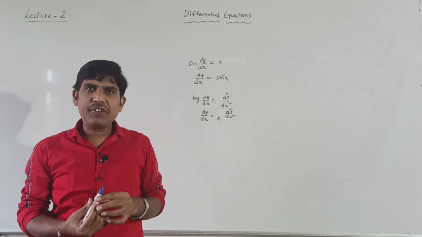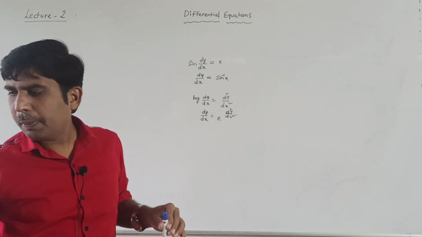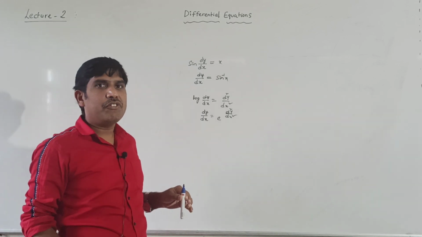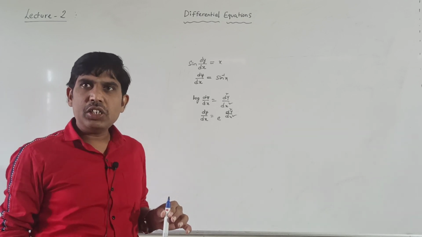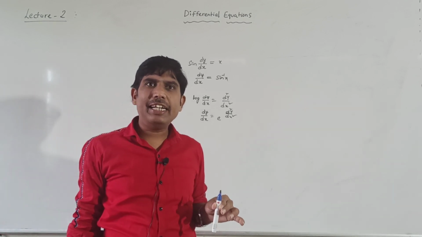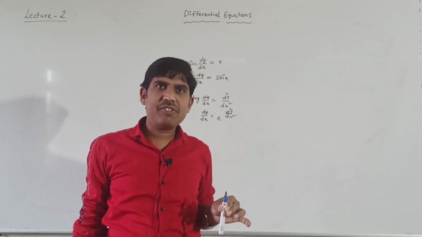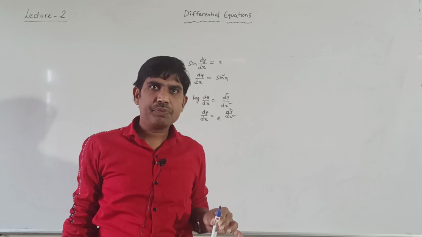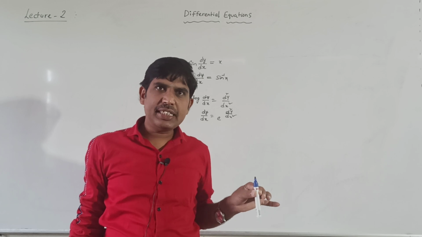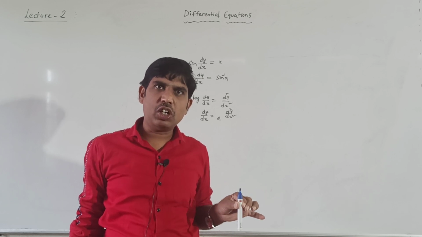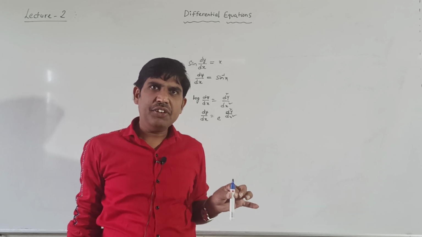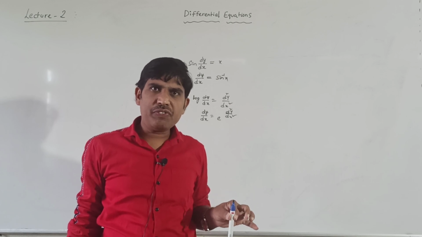So order is defined for all differential equations, but degree is not defined for a few only; the ones which are polynomial in derivatives have degree. So yesterday with examples I discussed that concept, when degree is defined, when it is not defined, and how to find its order.